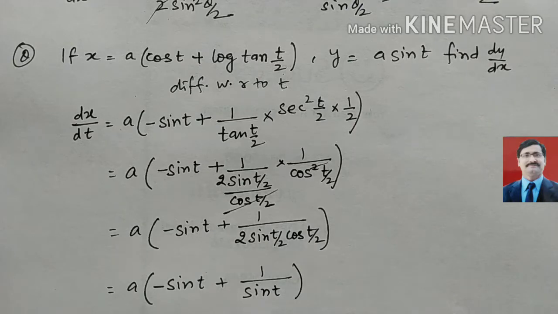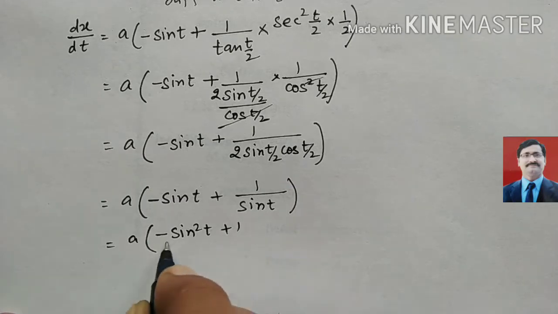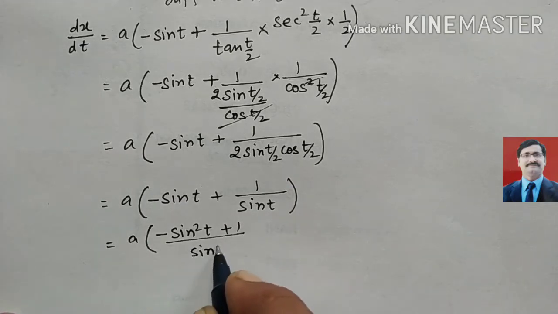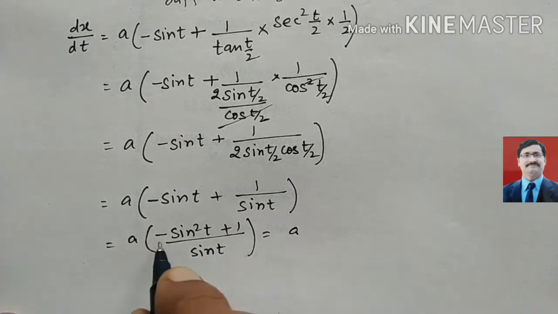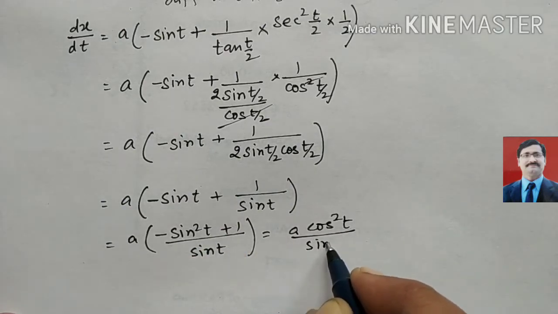Taking the LCM, you get minus sin square t plus 1 upon sin t, and 1 minus sin square t is cos square t upon sin t.